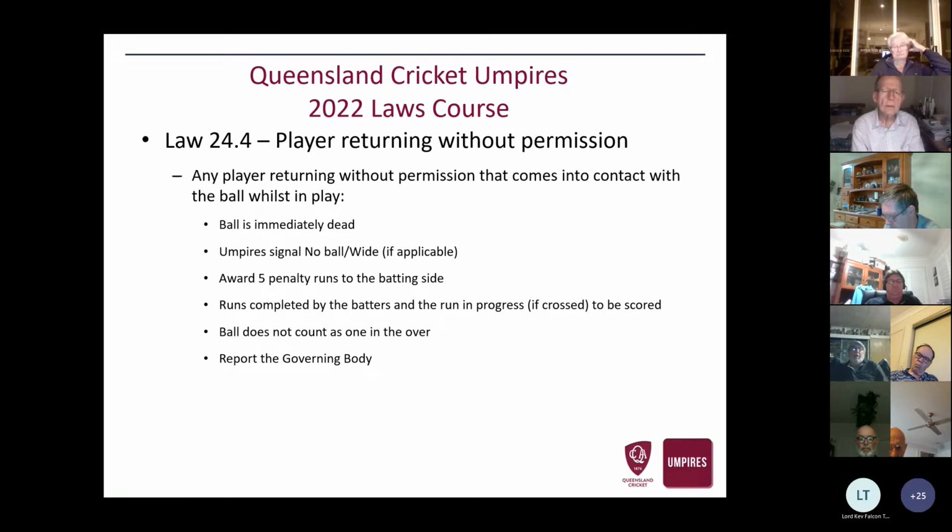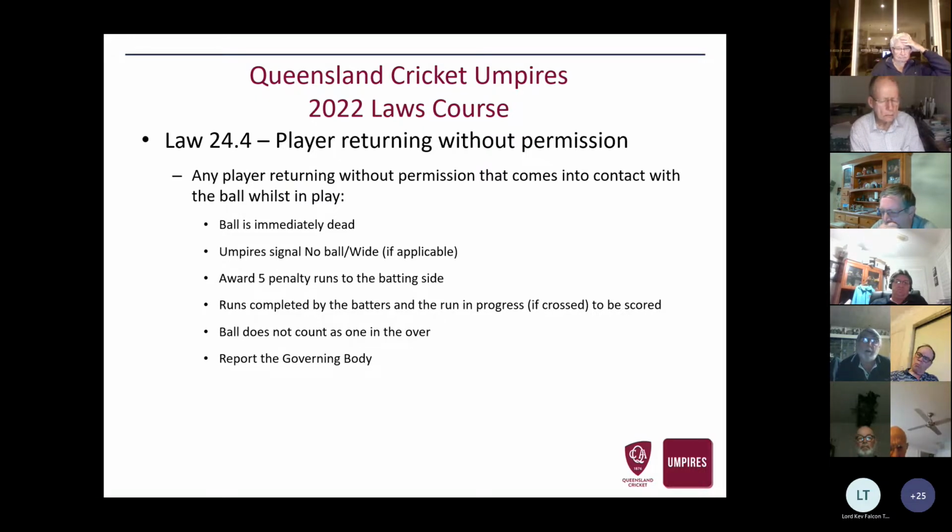If someone decides to leave the field and they return without the permission of the umpires, as soon as they come into contact with the ball whilst it's in play, the ball is immediately dead. The umpires will signal no ball or wide if applicable, award 5 runs to the batting side.